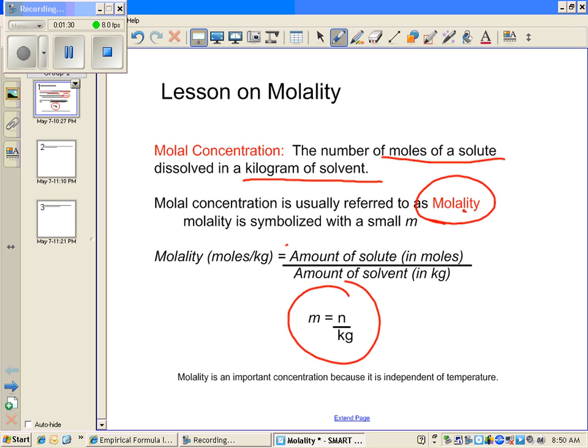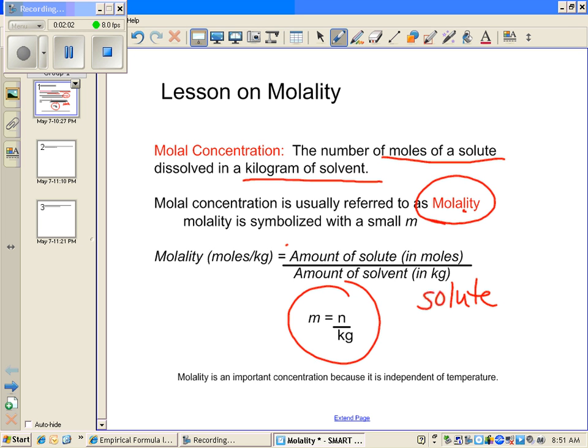When you have molality equals moles per kilogram, what you have to look at is the amount of solute versus the amount of solvent. Let's talk about that for a minute. What's the solute? The solute dissolves in the solvent. So if I have sugar dissolving in water, the sugar is the solute.